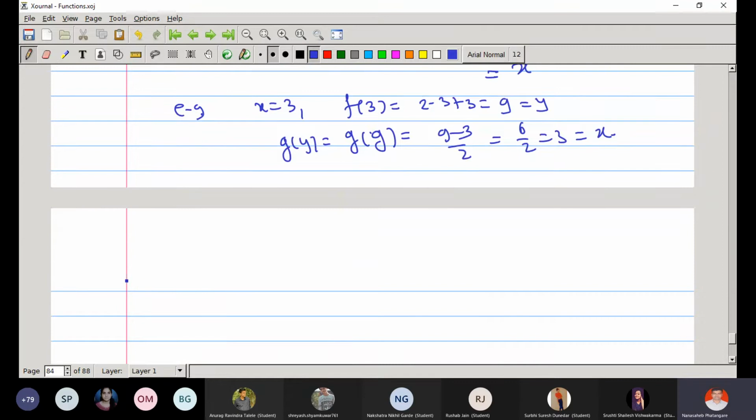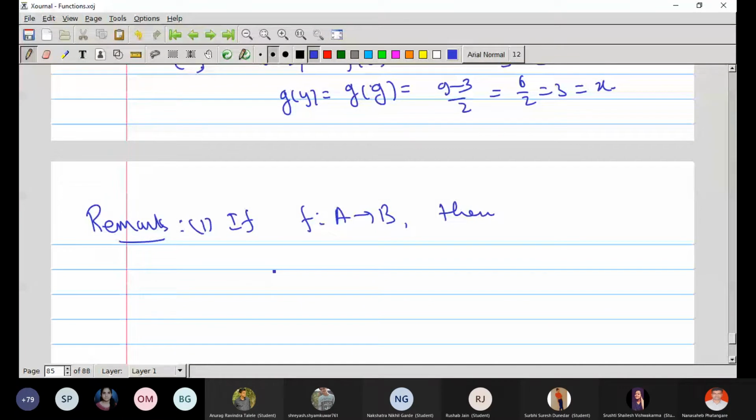So if f is from A to B, then the inverse function of f is denoted by f inverse.